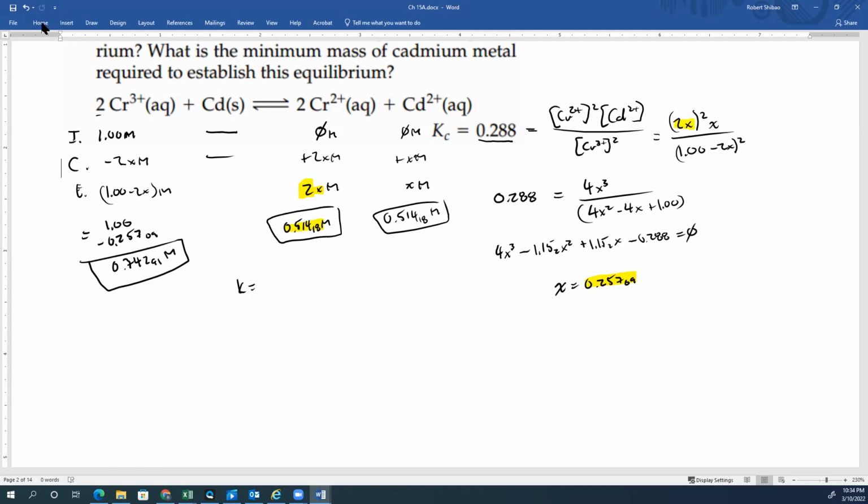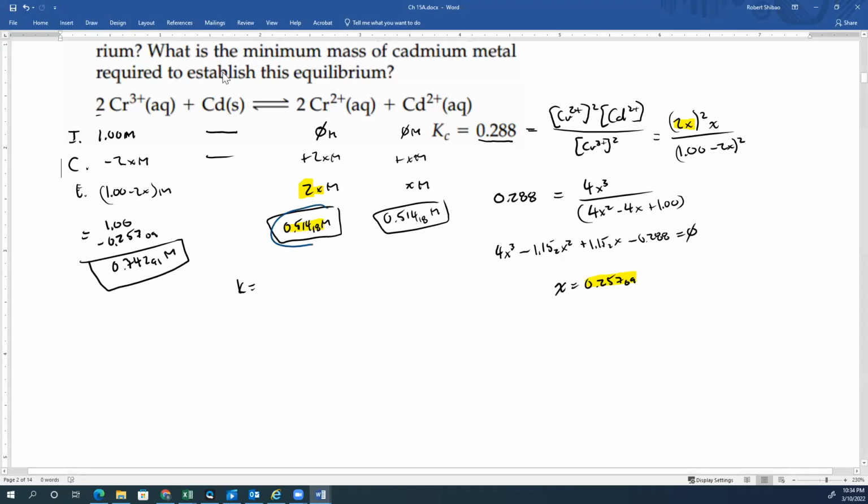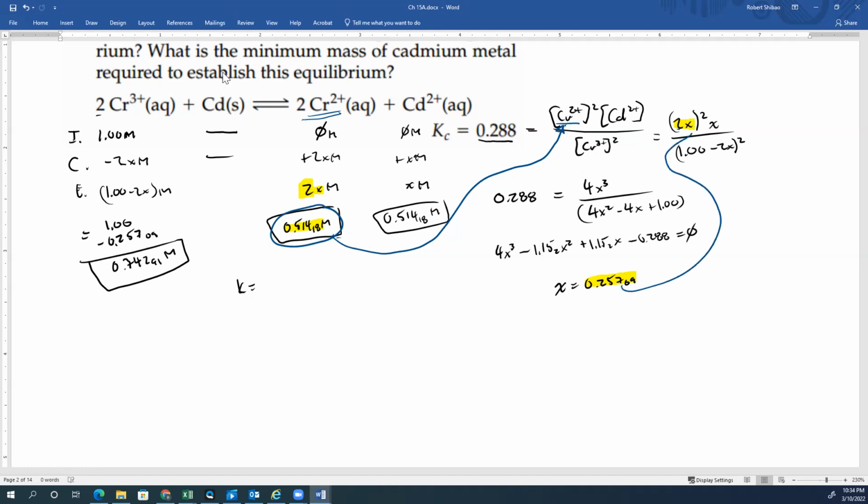I see this mistake. This is the concentration of the chromium 2. The concentration of chromium 2 I plug into this equation. This number does not go into this equation. This number goes into this equation here.